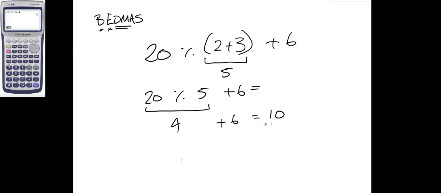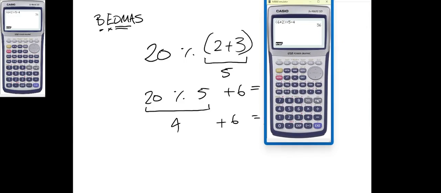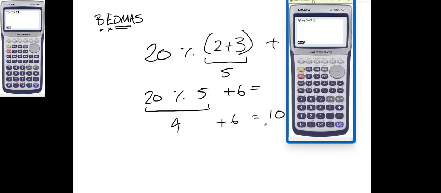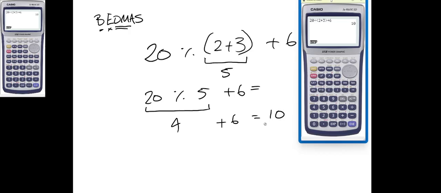Let's test it out on our Casio calculator. We have 20 divided by brackets 2 plus 3 close brackets and plus 6 equals 10. Voila, that's what we got.